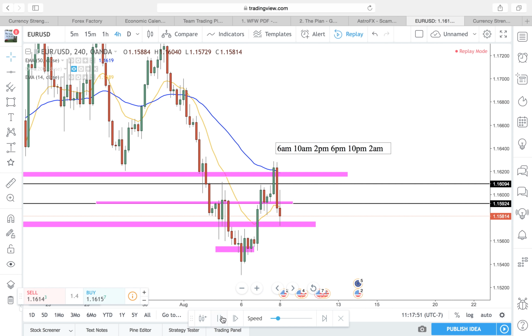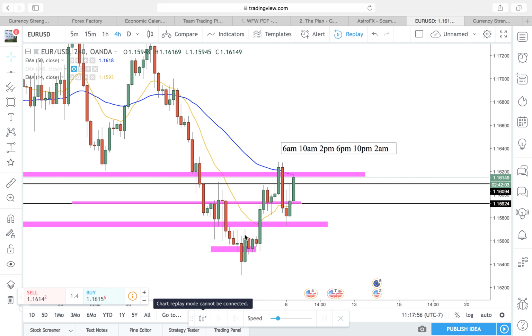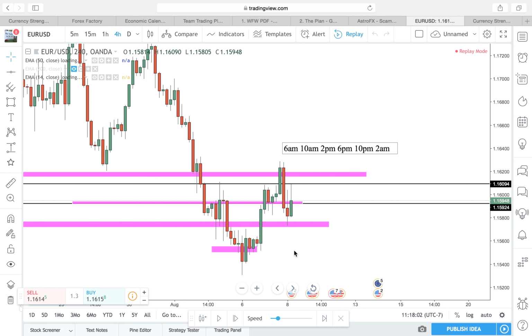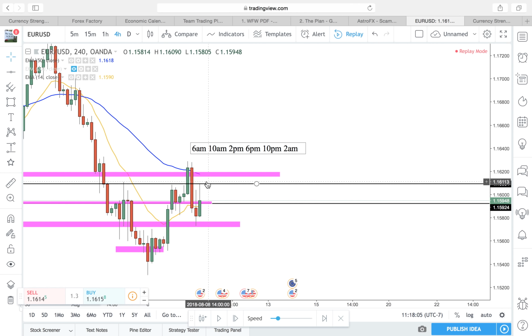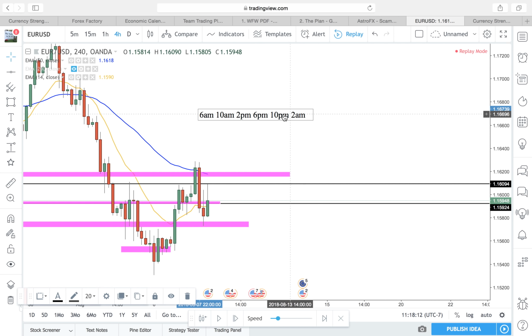So let's say we waited and we didn't do anything. And all you did was wait 4 hours. By the time you waited 4 hours, now you had a clear idea of, oh crap, well maybe we're going to go fill the wick going bullish. Look how strong it is. And then let's see what the lower time frame did. So all you did was wait. Because every single day you have 6 opportunities. 5 for me because I don't trade at 2 a.m. And technically it could even be 4 because I don't trade at 2 p.m. And I don't really trade at 10 p.m. So technically for myself, I got 3 opportunities a day.